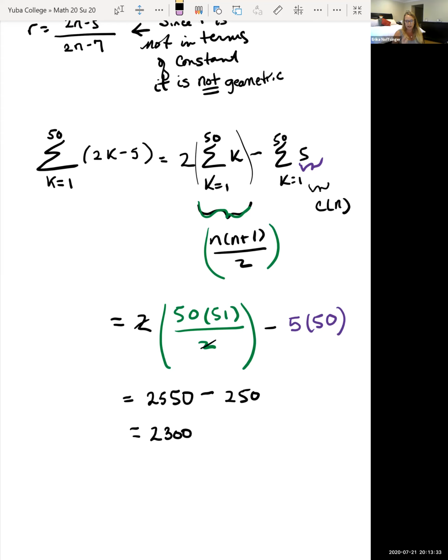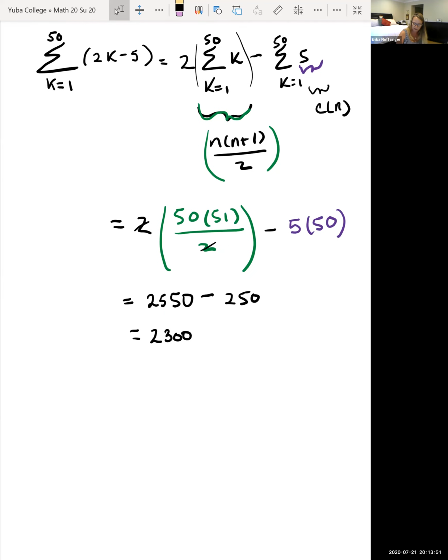So without finding all 50 terms and adding them together, we could use a formula to do that. So this would be the sum of all 50 terms. But we also had a formula that said if our sequence is arithmetic, then we can use this formula. And again, these formulas for the series will be given to you.